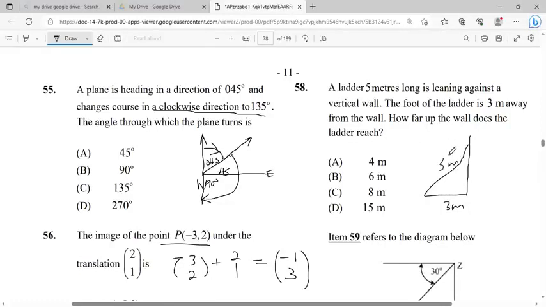How far up the wall? Oh, okay. So that'll be 5 squared minus 3 squared, which gives us 25 minus 9. I'll find the square root, so that would be 4.